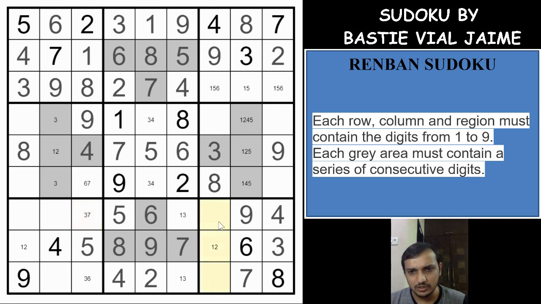So the only place for the 5 in this box is this, which gets a 1, 2 pencil mark here. 5 and 2. So 1 and 5 is eliminated from this cell, which gives a 6 here, and 6 is eliminated from here. So the only digit remaining here is 7.